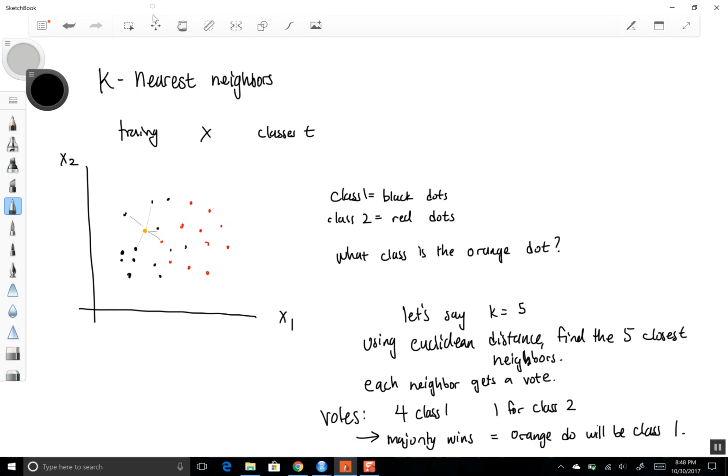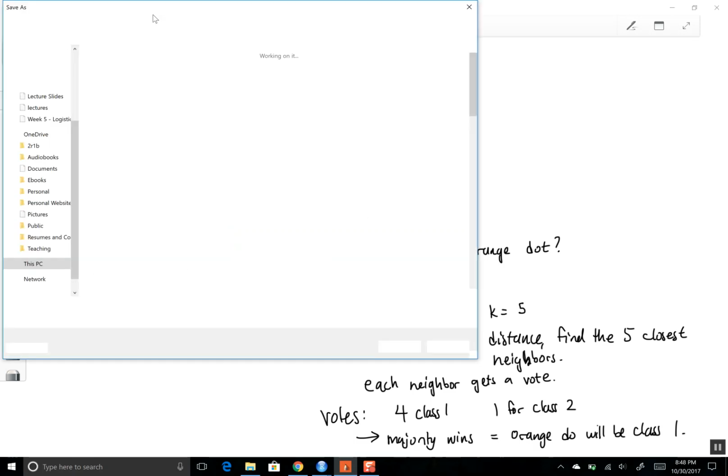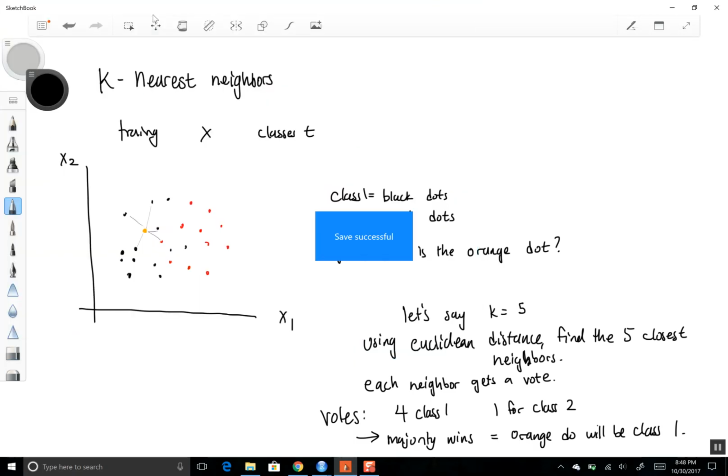It's a very simple algorithm. I guess I'll explain this in the homework, but what you'll want to do is write some kind of function for calculating Euclidean distance, right? And Euclidean distance is easy, right?